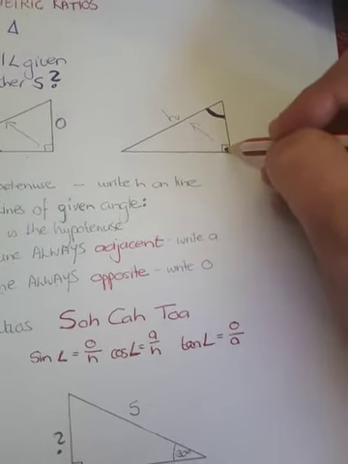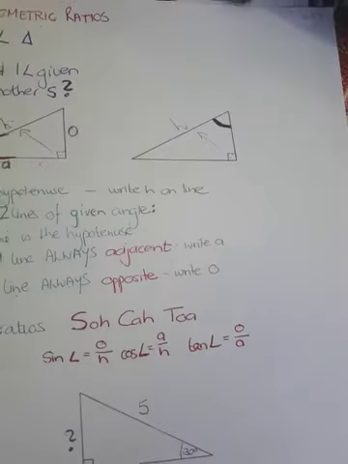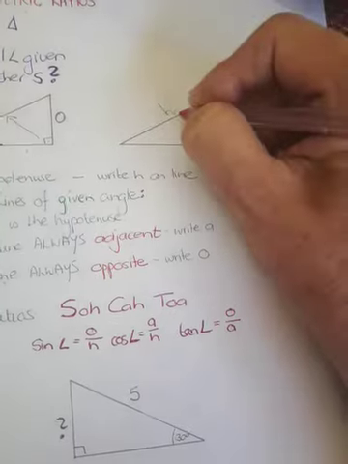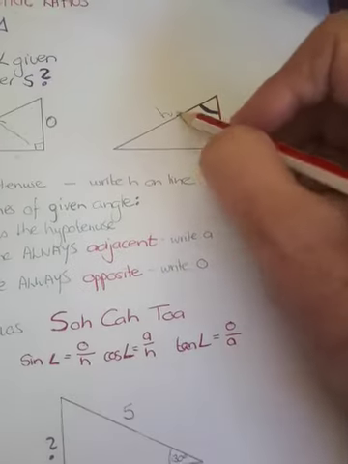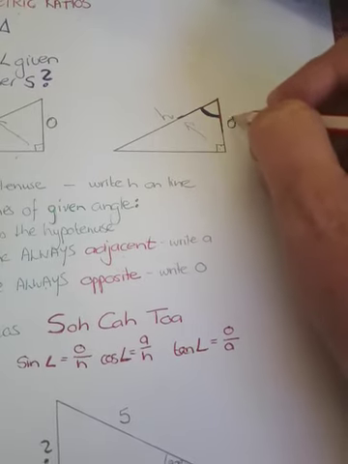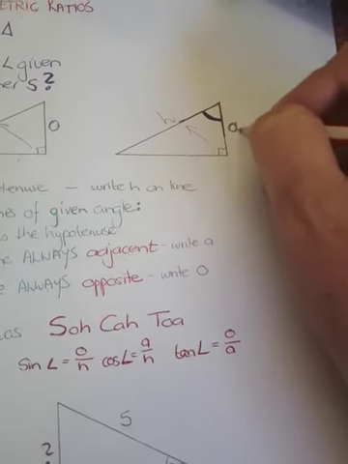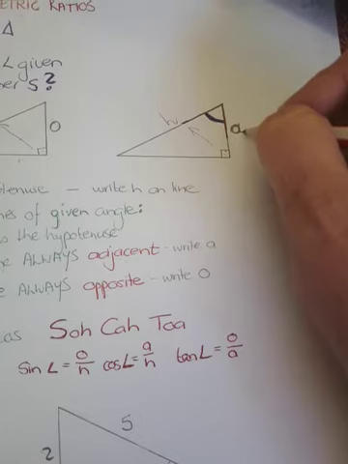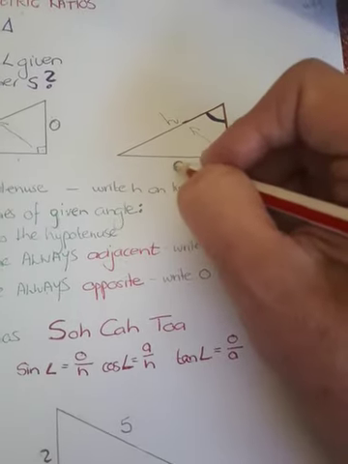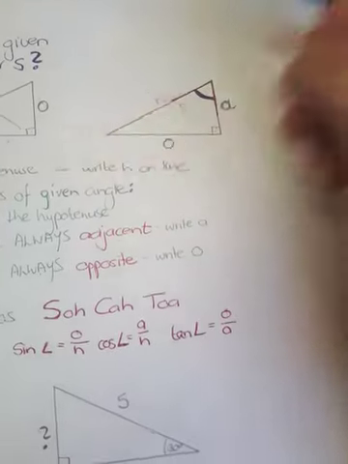Remember that one must always be given. Then you color the two lines which make up the angle. So the one color is already the hypotenuse. The other one must always be the adjacent side. Okay, adjacent means touching, neighboring. And then the third side is always the opposite.